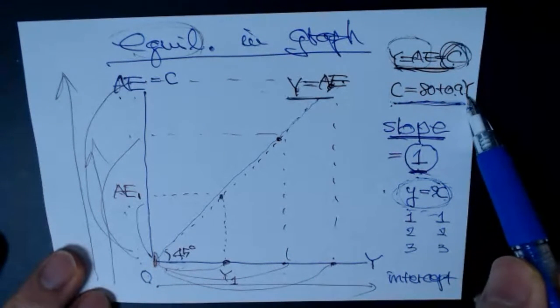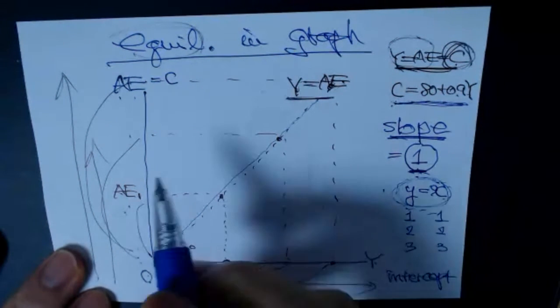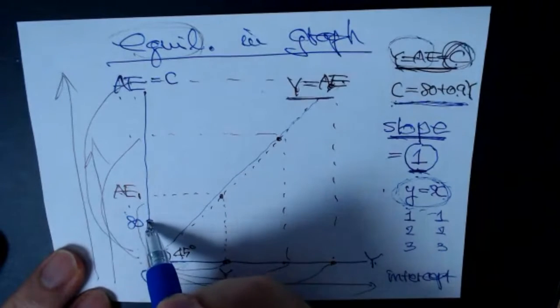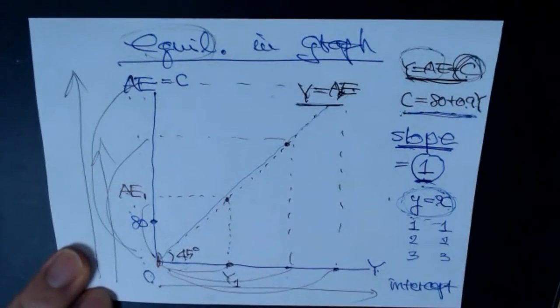If Y is 0, consumption is 80, right? Y is 0, consumption should be 80. So this is how you start drawing the graph.